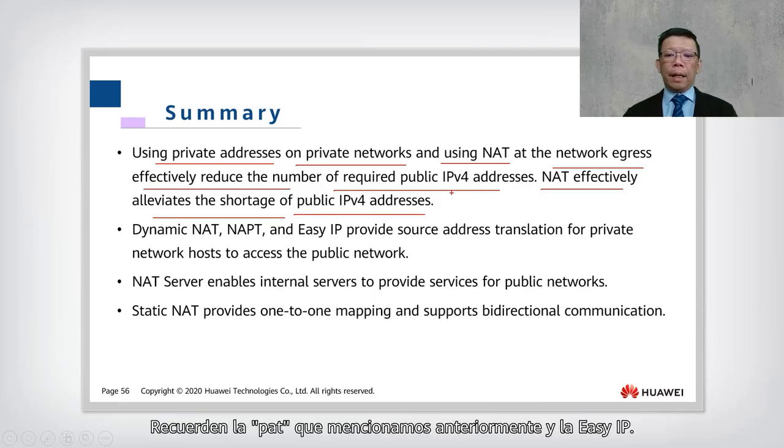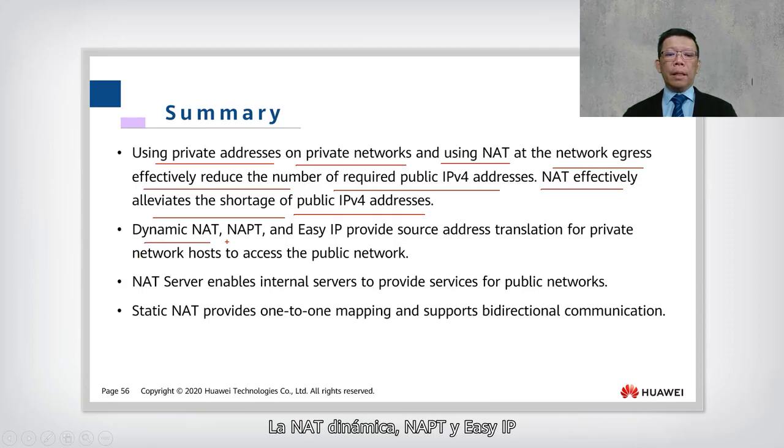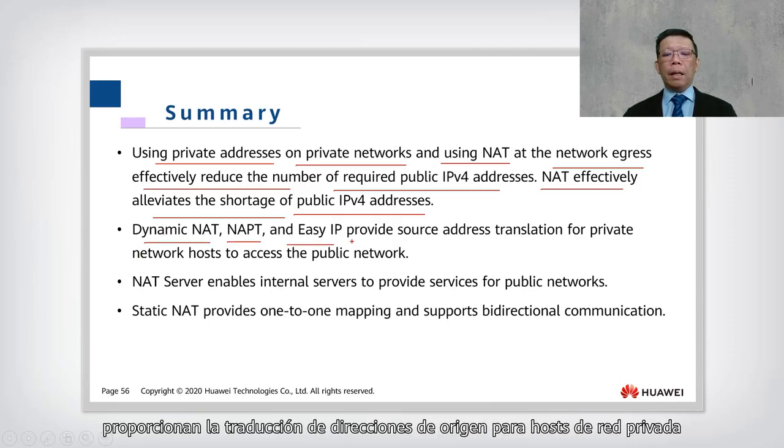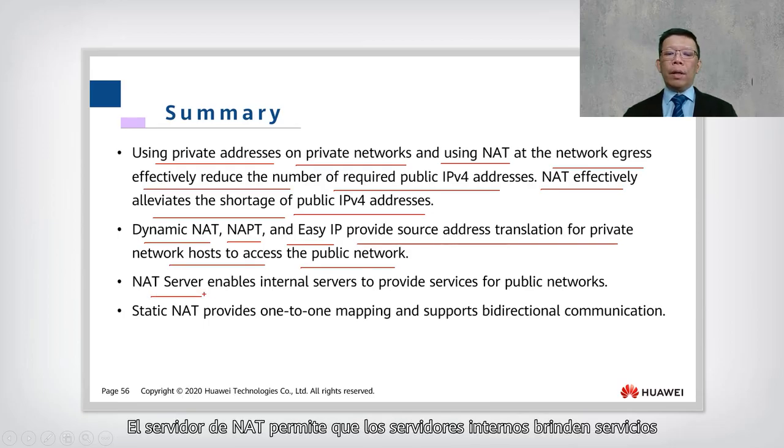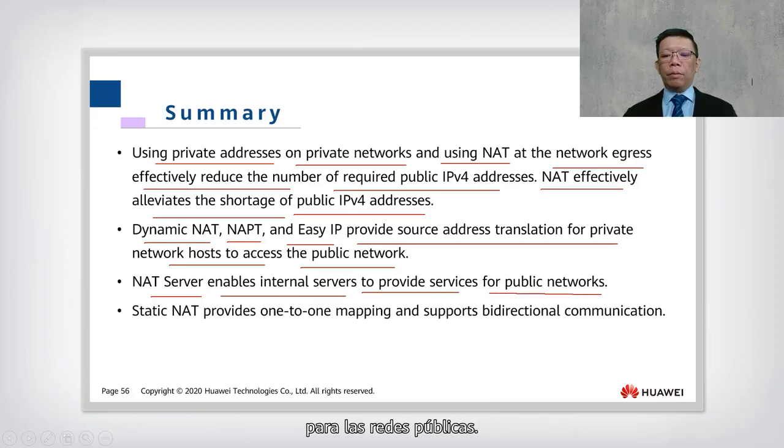Remember the PAT that we mentioned earlier with Easy IP. Dynamic NAT, NAPT, and Easy IP provide source address translation for private networks to access public networks. NAT server enables internal servers to provide services to the public network. This is how we advertise our web server externally.